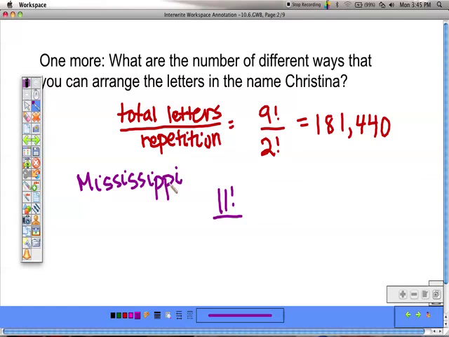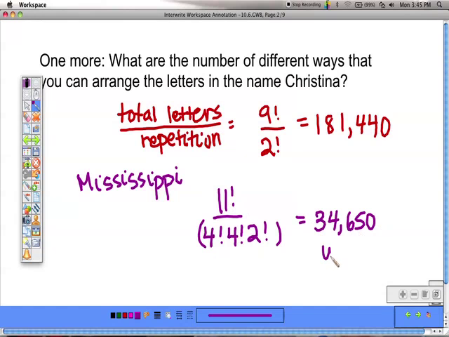The I's are repeated 4 times. The S is repeated 4 times, and the P is repeated twice. So we have 11 factorial divided by 4 factorial, 4 factorial, 2 factorial. So when you type that in your calculator, you might want to put this in parentheses. The answer is 34,650 ways.